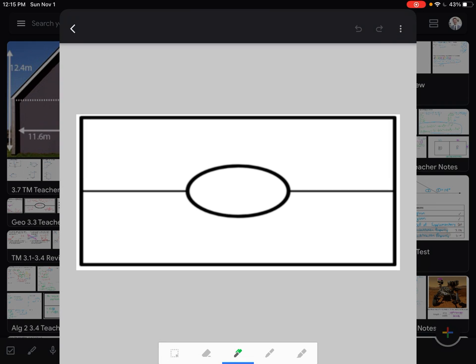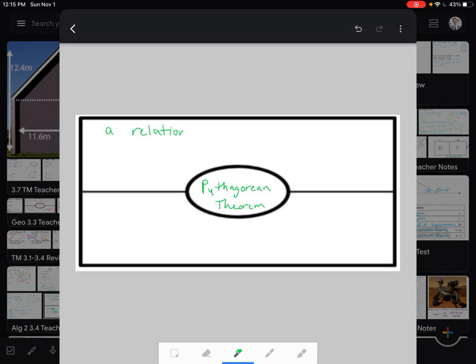So jumping in here, I'm going to go to our definition next. So first, let's define the Pythagorean theorem. We define this as a relationship between the sides of a right triangle.